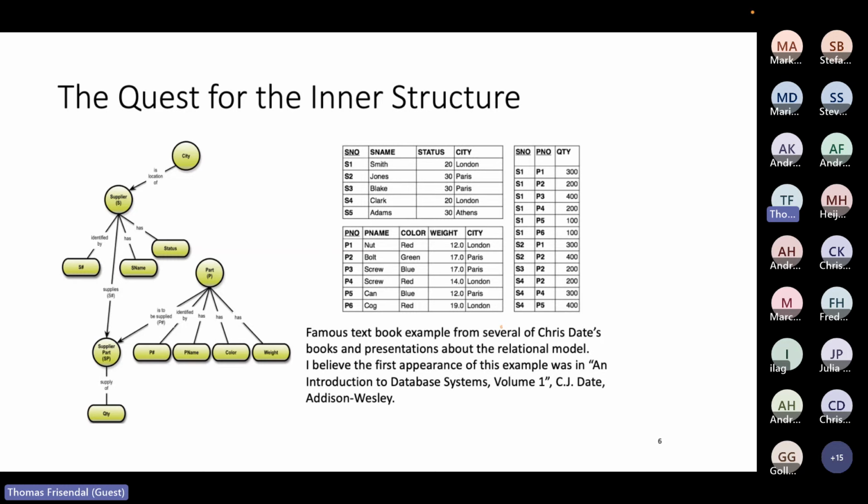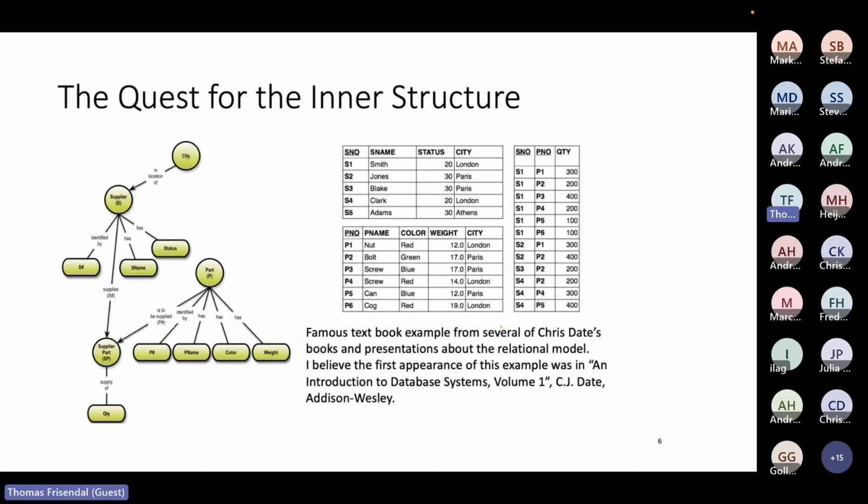The inner structure has another name. Finding the inner structure is called normalization, right? And it's about identifying functional dependencies between keys and attributes of relevance, as Chris Date would say.